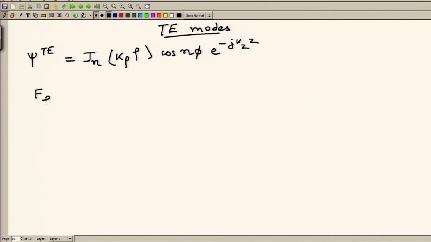So, E rho is given by minus of 1 upon rho del psi del phi.